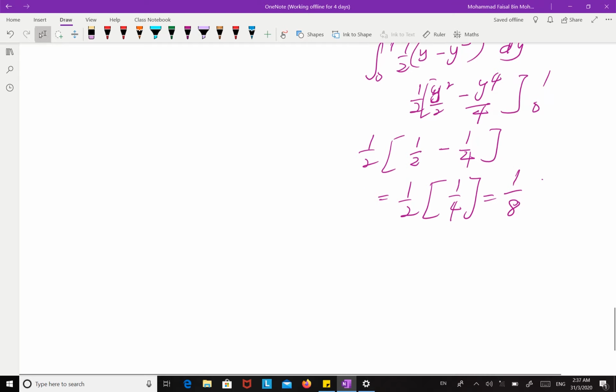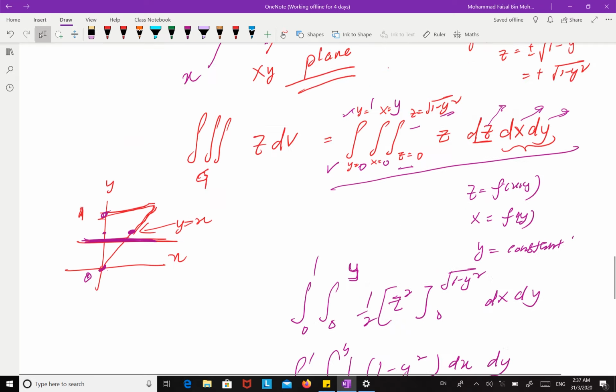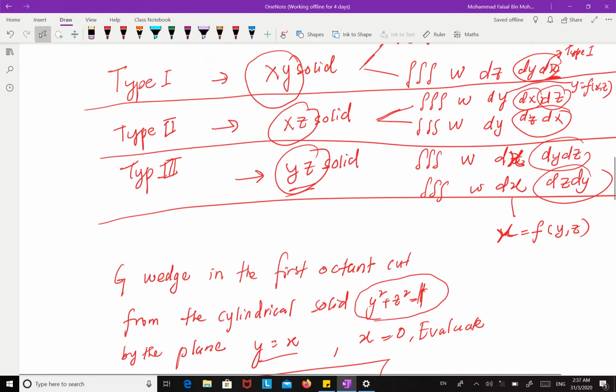Similarly, you can integrate first with respect to x, which is type 3. Here is dx over the surface, dy dz or dz dy, no problem.